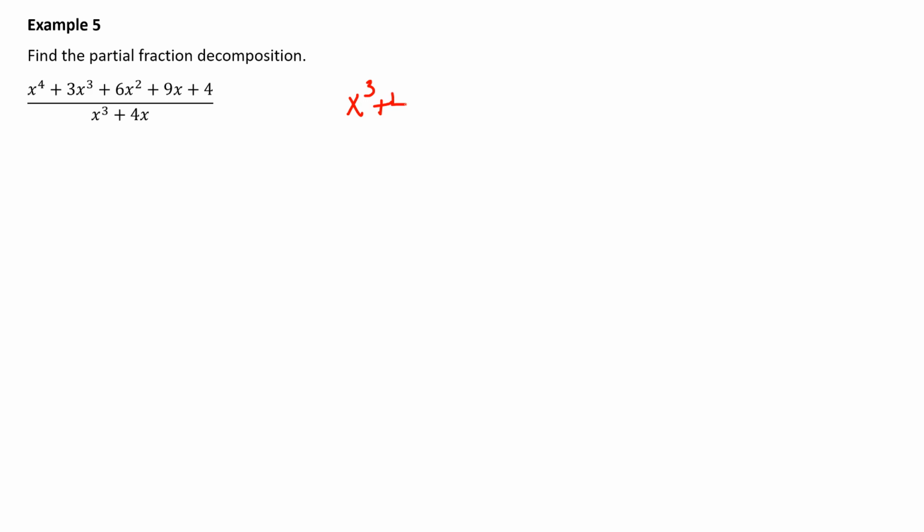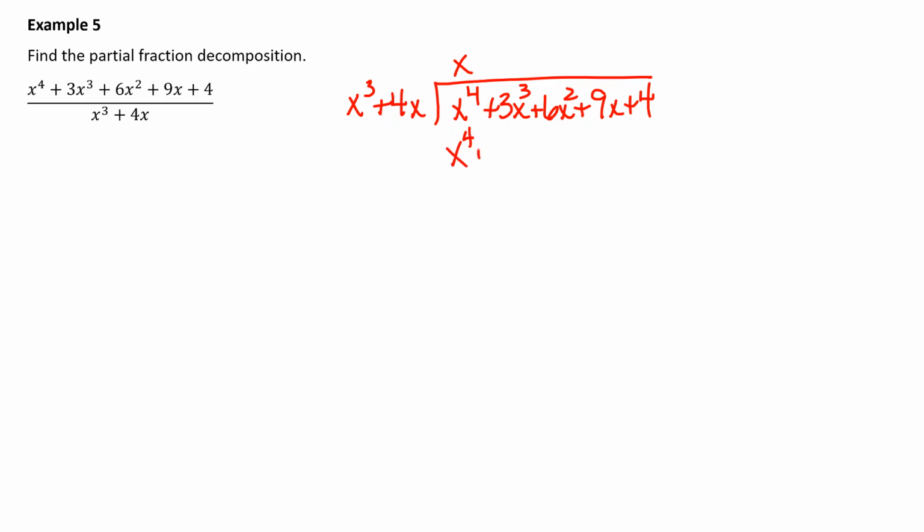x cubed plus 4x divided into x to the 4th plus 3x cubed plus 6x squared plus 9x plus 4. And so x cubed goes into x to the 4th, x times, multiply, x to the 4th plus 4x squared. Oops, wrong place. It has to go over here. Here we go.